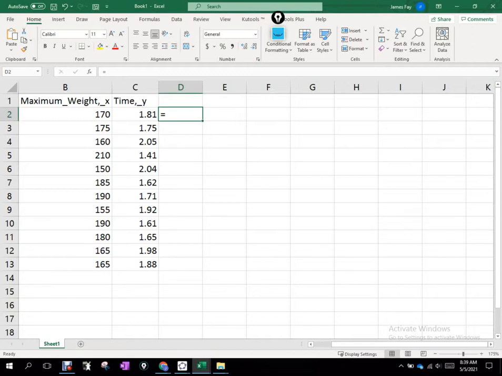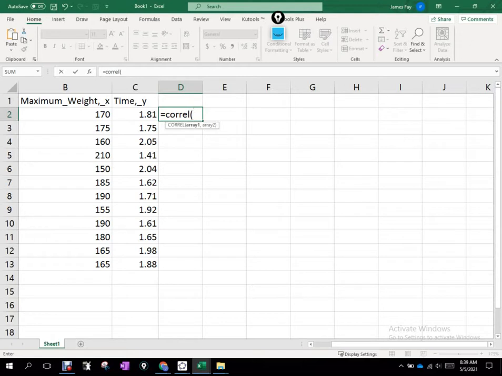So if we type in equals and then CORREL, that's the command that is going to reference essentially a program exactly like what we built. The user interface is a little bit nicer here than what we built, but it does the exact same thing.